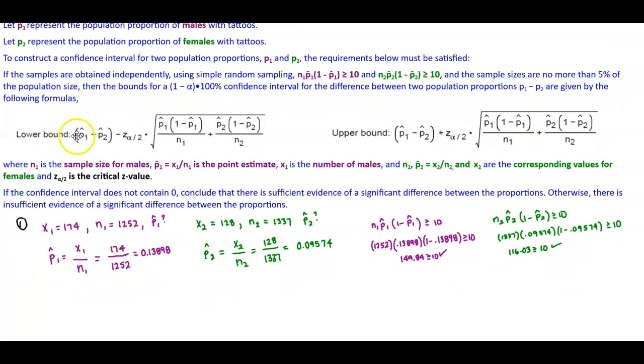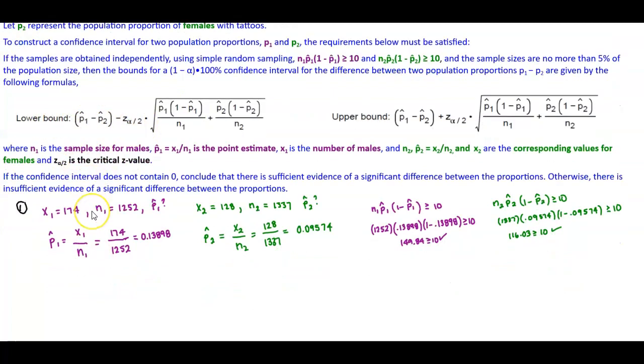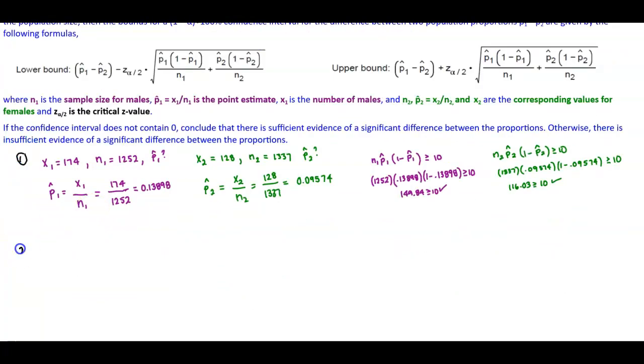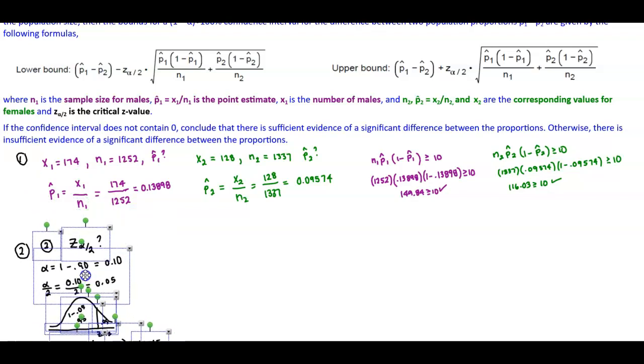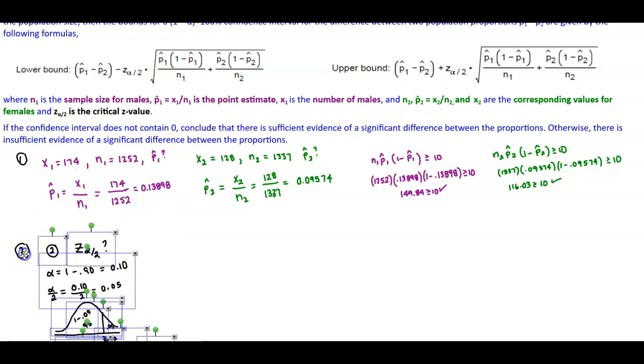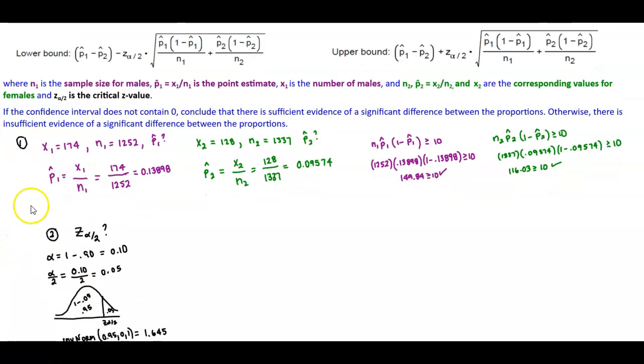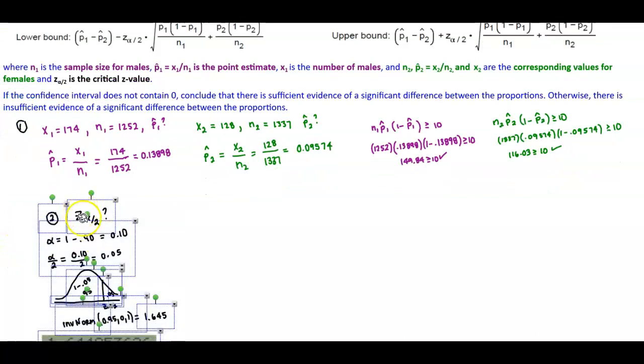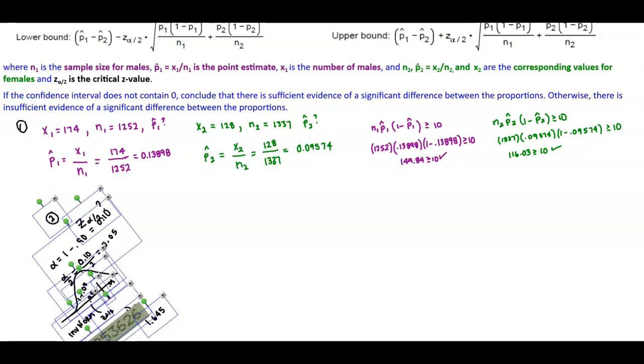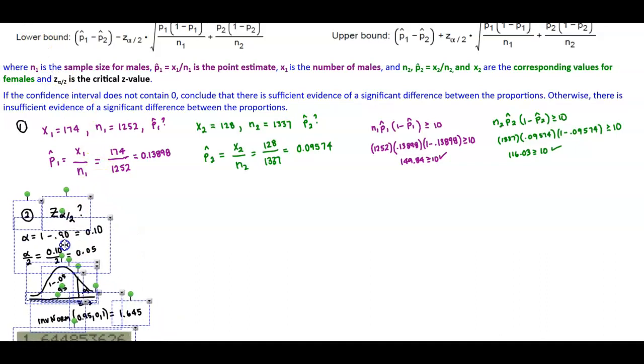Okay, now in addition to what we have in the formula, we need to find the critical value. So the next step is to find the critical value. Now, we need to look at what alpha represents. So if we want to find the critical value here, we're looking for Z alpha divided by 2.